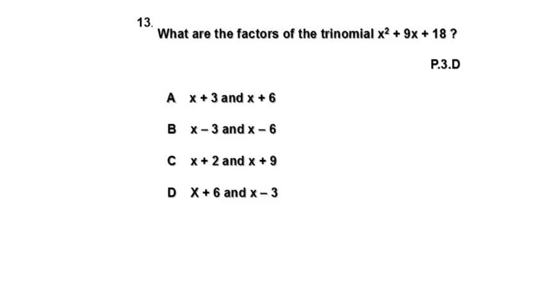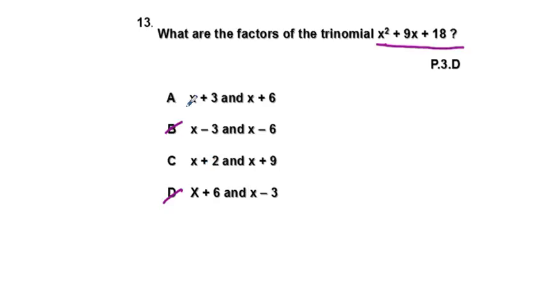13, what are the factors of trinomial x squared plus 9x plus 18? Everything is positive in this quadratic trinomial, so anything with a negative number in it is wrong. So D is wrong. B is wrong.